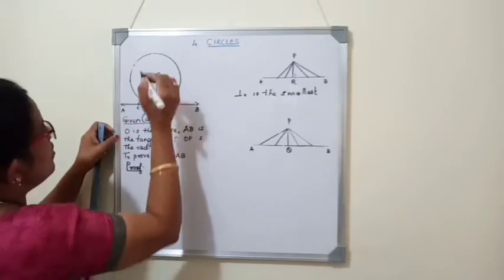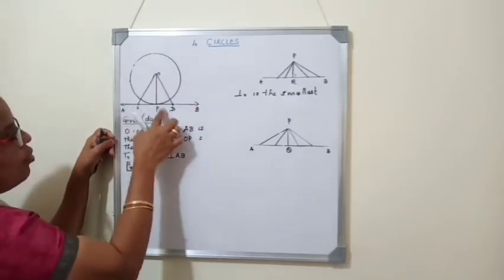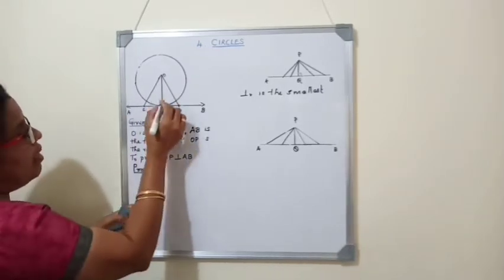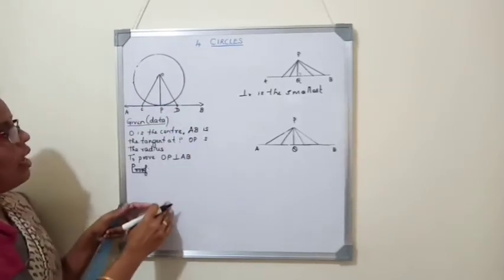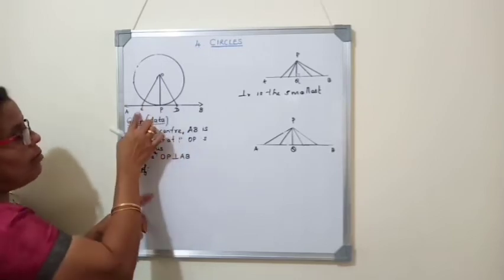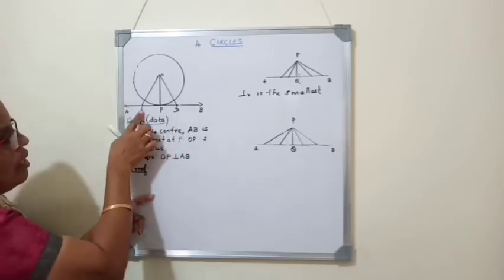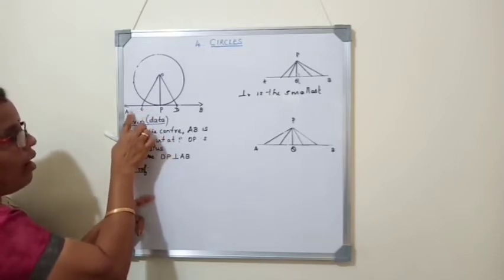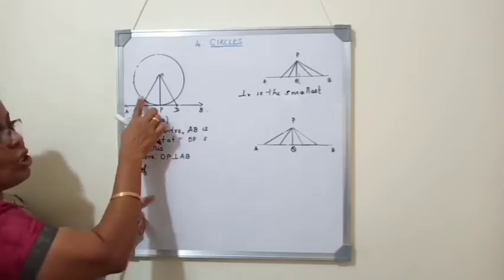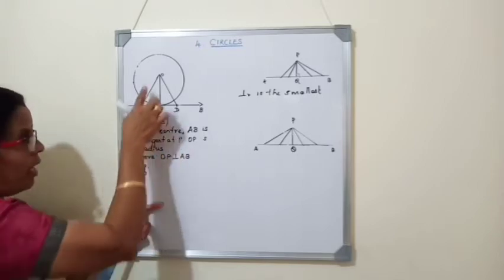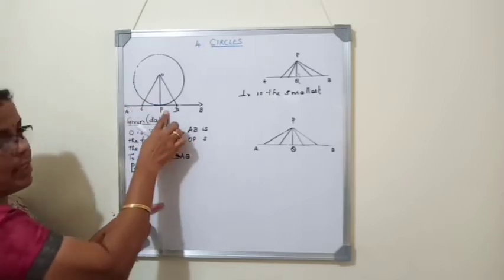Now see triangle OCP. In this triangle, which is larger, OC or OP? See here, C is a point on the line AB. It is not on the circumference of the circle. So definitely OC will be greater than the line OP.